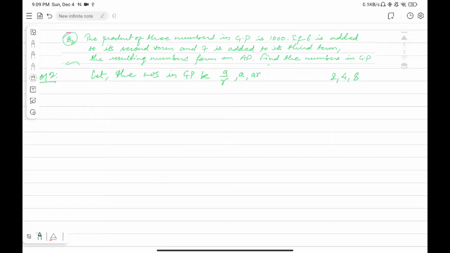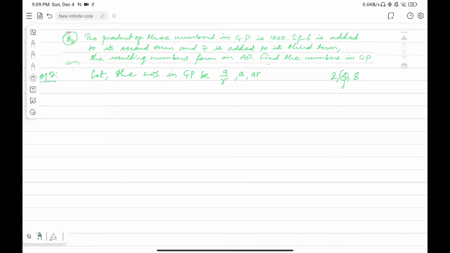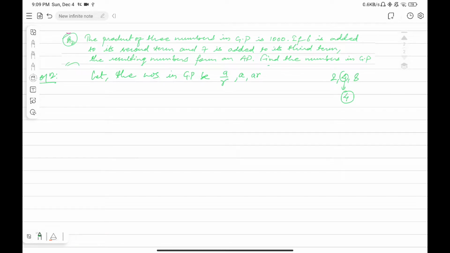Here the common ratio is 2. Now we are supposing that this middle term is A. So the next term to it will be 4 times 2, and the previous term will be 4 by 2. So this is 4 by 2, 2 here, 8 here, this is 4 into 2.